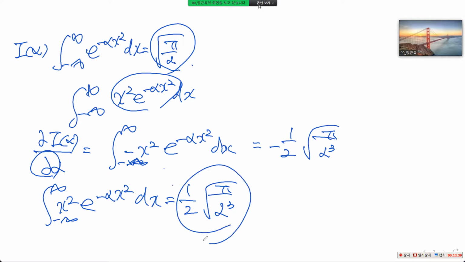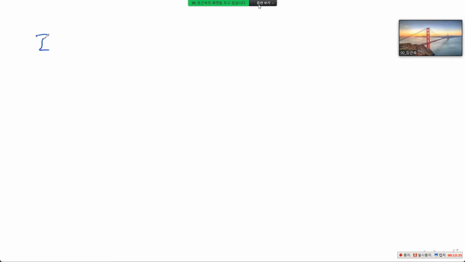So that's how we can derive the result. Okay, so that is one of the variations of the Gaussian integration.